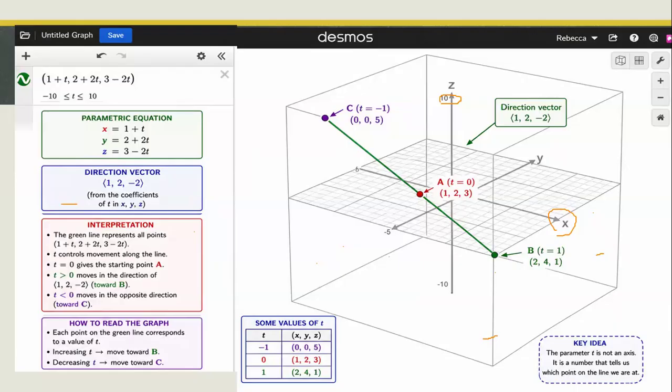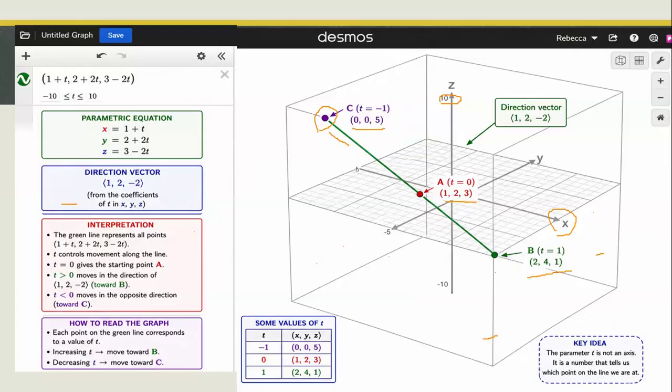The green line here represents all the points that we just came up with, and t controls the movement along the line as you substitute. If t is equal to 0, it will be the starting point, which is (1, 2, 3). If t is equal to 1, the point is (2, 4, 1). If t is equal to -1, which is less than 0, then the point will be (0, 0, 5).